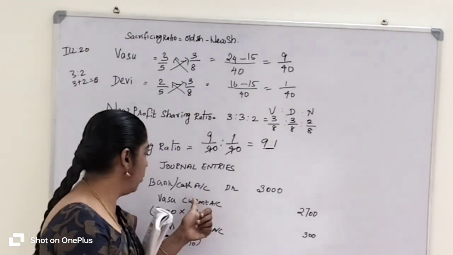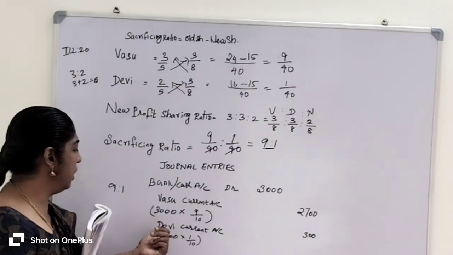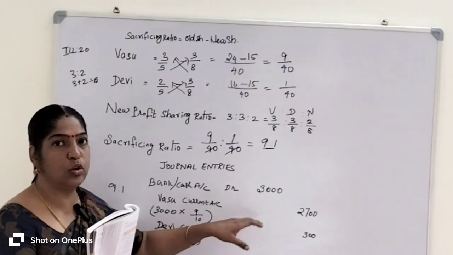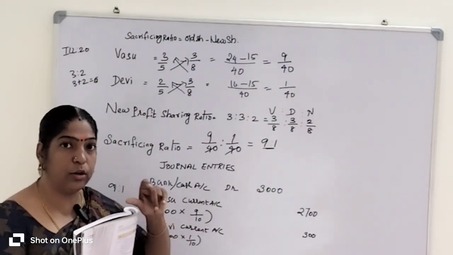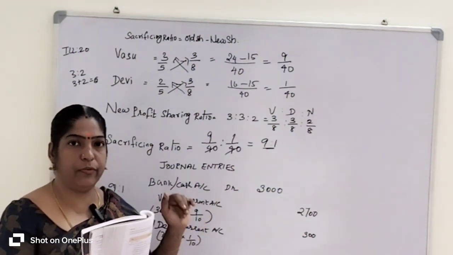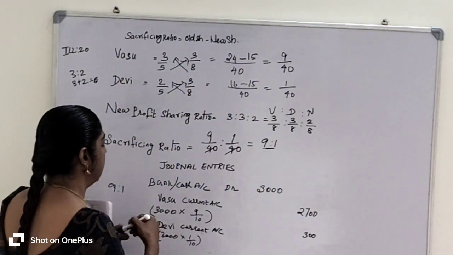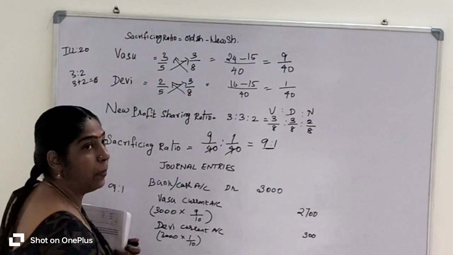Who are the old partners? Vasu and Devi. So we are going to distribute that 3,000 rupees to the old partners' current accounts in their sacrificing ratio, which is 9:1.